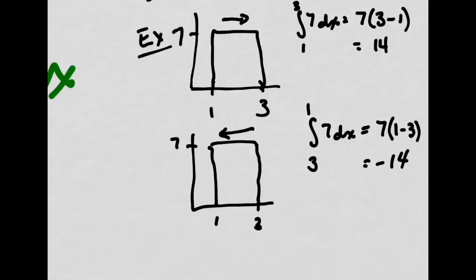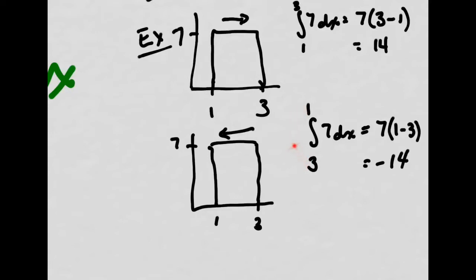And the only way you know which direction you're going is the order that you write these limits of integration. Here you're going from 1 to 3, so you are going in the positive right direction. But here you're going from 3 to 1, so you're going negatively to the left.